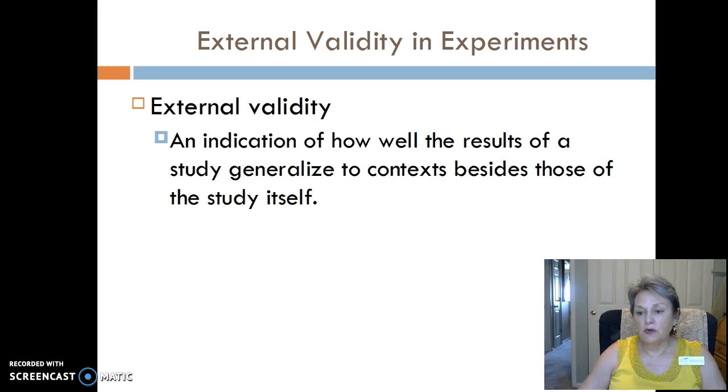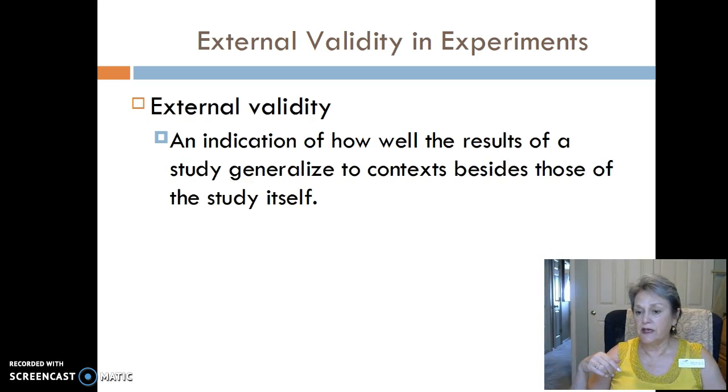So in our example of participants that have cognitive behavioral therapy, we want to know that there's good external validity in our study. That would mean that patients that seek out cognitive behavioral therapy are likely in real life situations to have the same results.